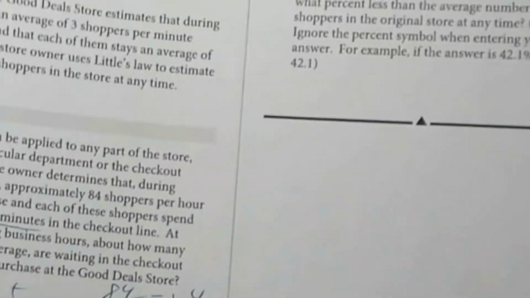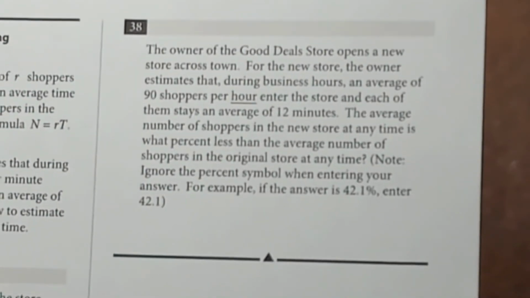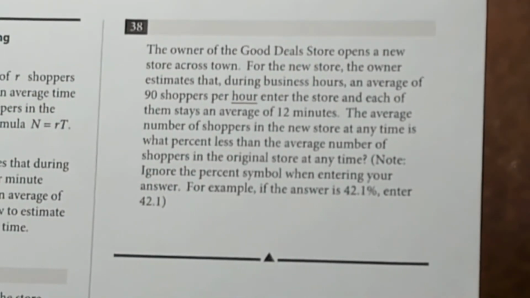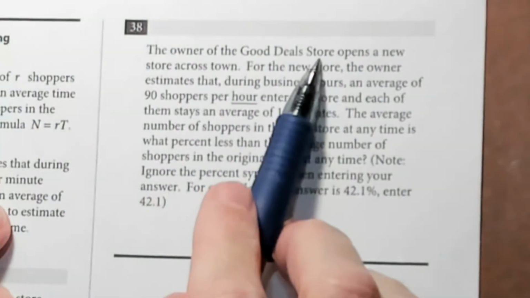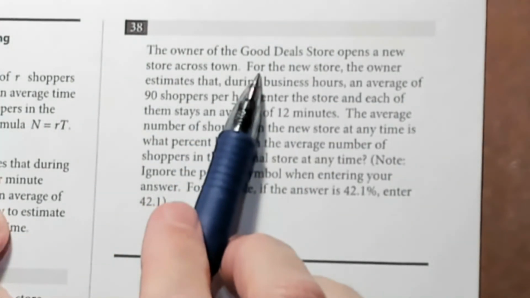All right, 38. It's the same problem. I'll pause here. You can rewind to see the beginning of the problem if you need to. So, the owner opens a new store across town.